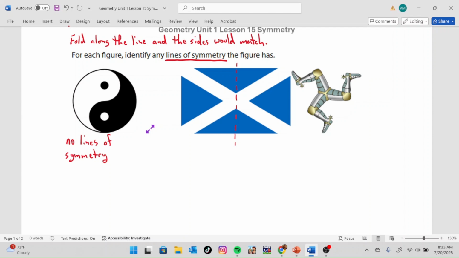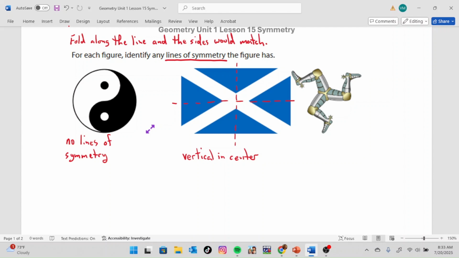So I could draw a vertical line in the center, but I could also go horizontal. If I folded this top down or bottom up, then the big triangle at the top and the bottom would now line up right on top of each other.